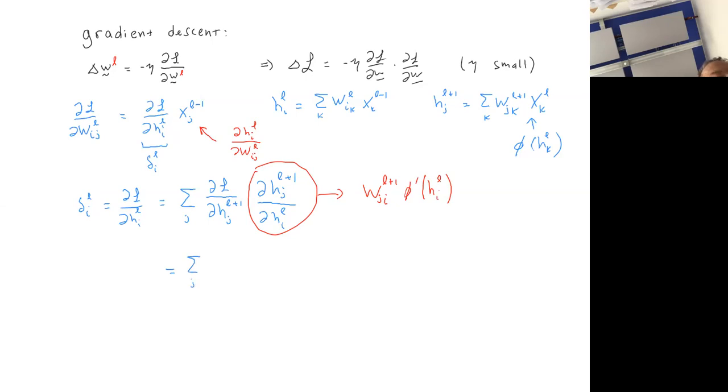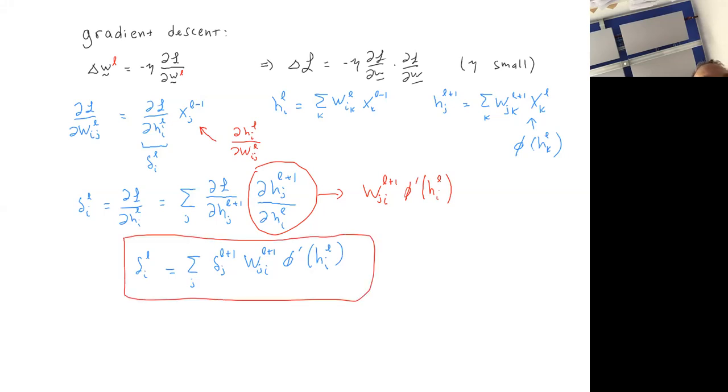This term here, by definition, is just the backprop error signal, delta_j^(L+1), times W_ji^(L+1) times phi prime of h_i^L. So this is basically backprop. This is why tech is taking over the world: the simple chain rule equation.